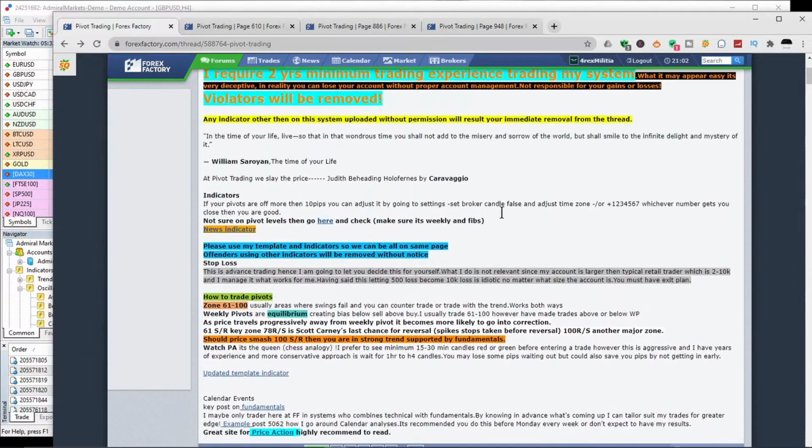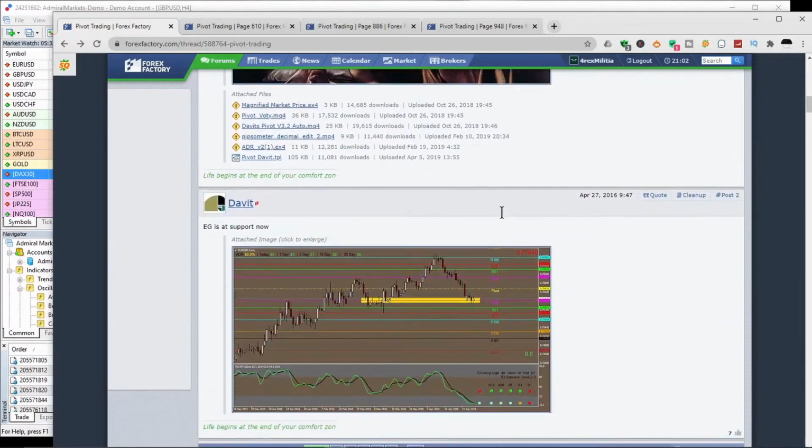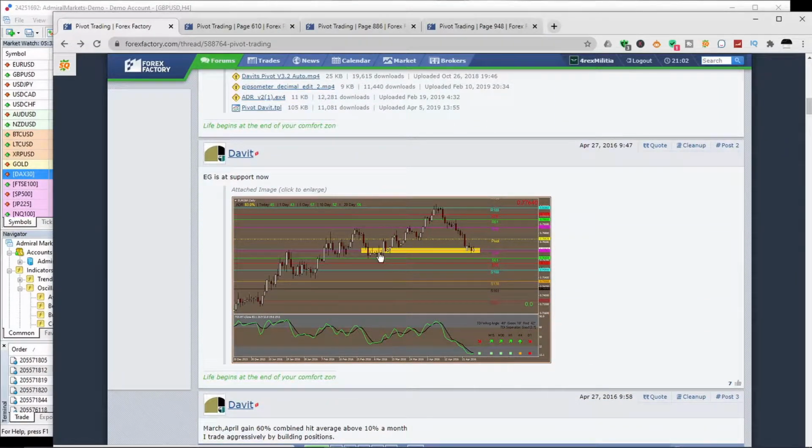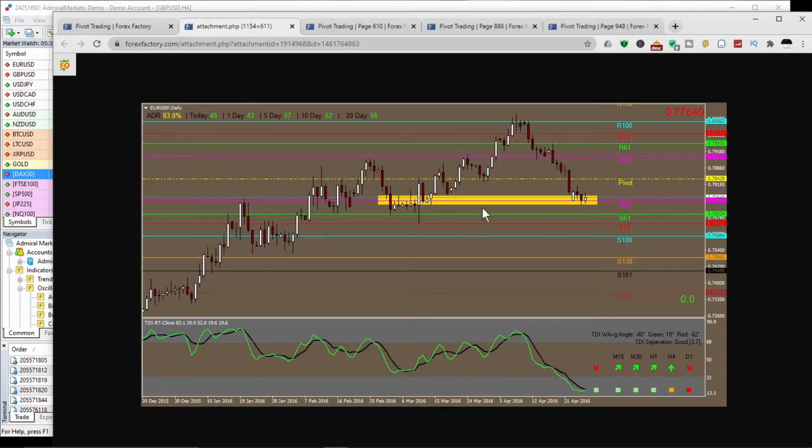The basic idea in the beginning, when he started out with this strategy, was he's just fading the pivots with divergence. If you look at this right here, you can see that there is divergence from here to here, and everything that is pretty much above this point over here is somewhat of what I would call an imbalance.